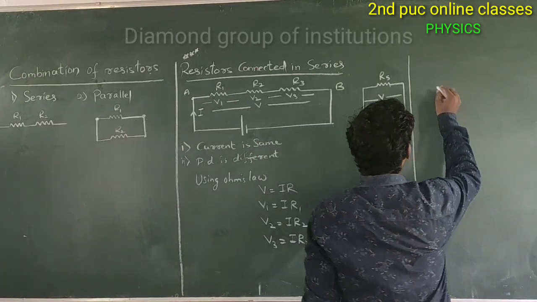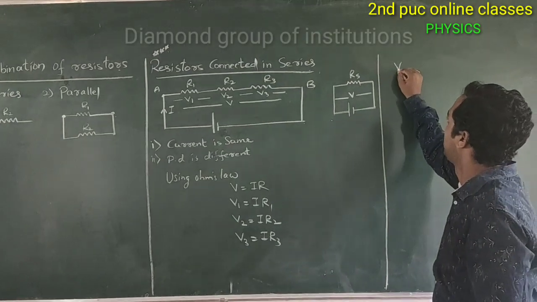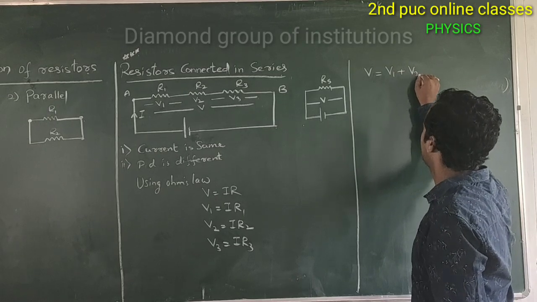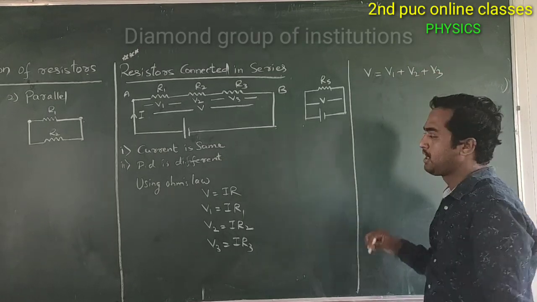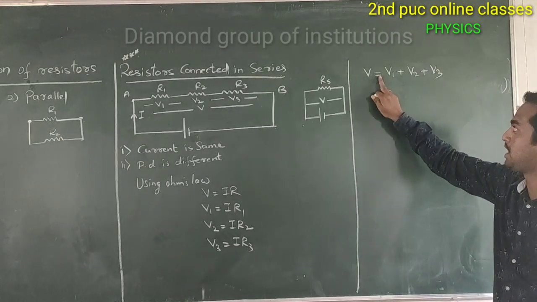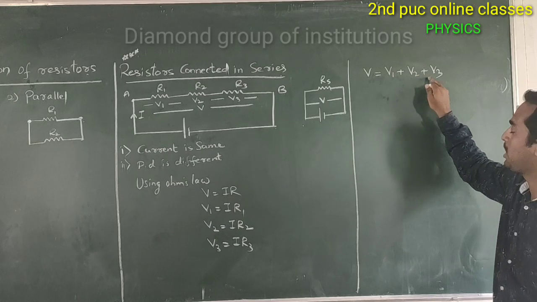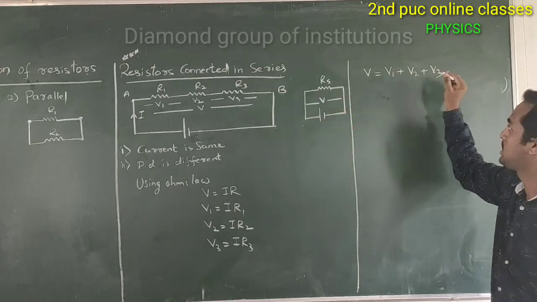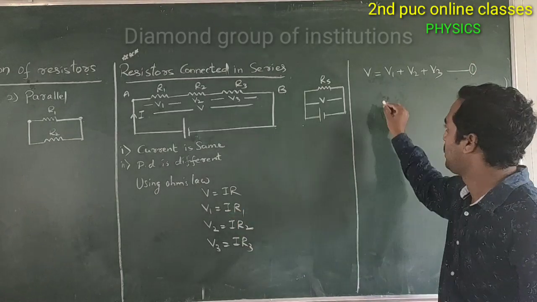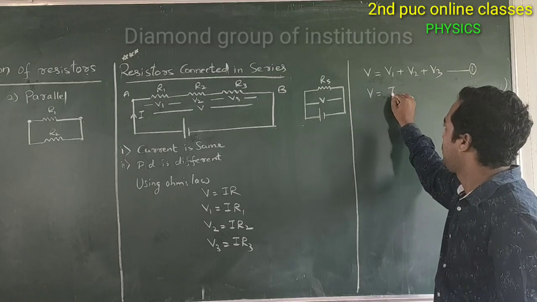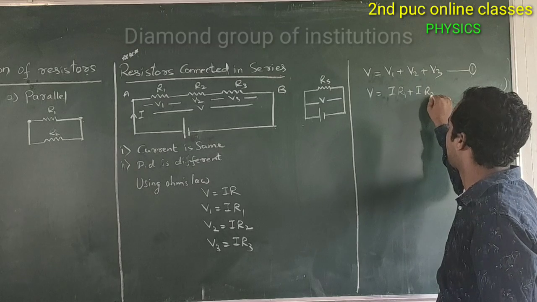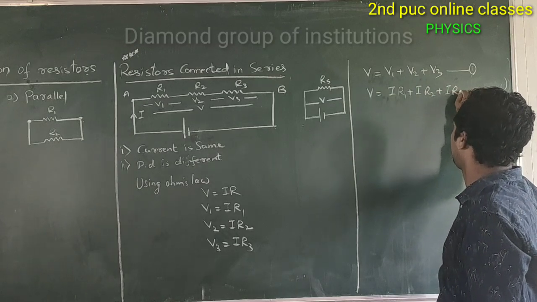So we can write the first equation from the diagram: V equal to V1 plus V2 plus V3. That is, the total potential difference is equal to the sum of the individual potential differences across each resistor. This is equation number 1. If we substitute these three values, V equals I R1 plus I R2 plus I R3.